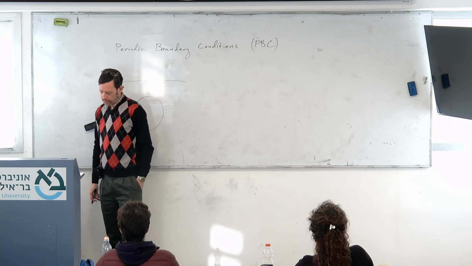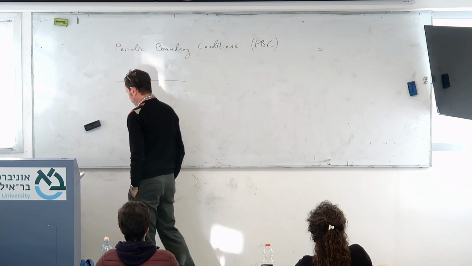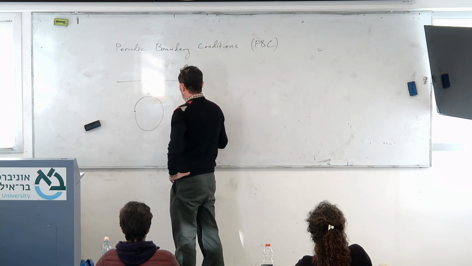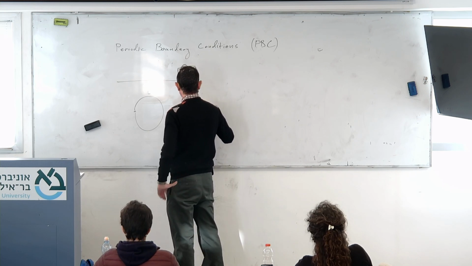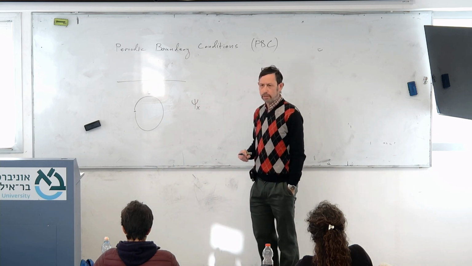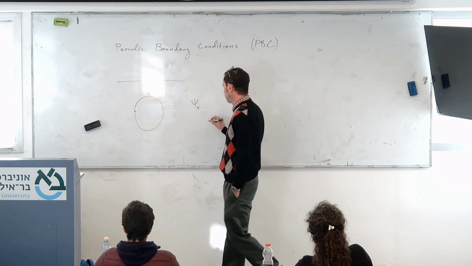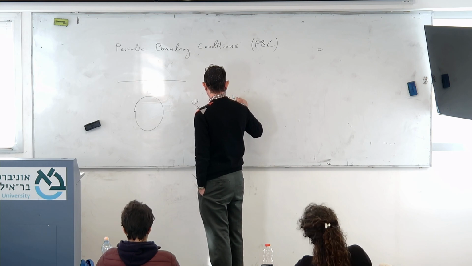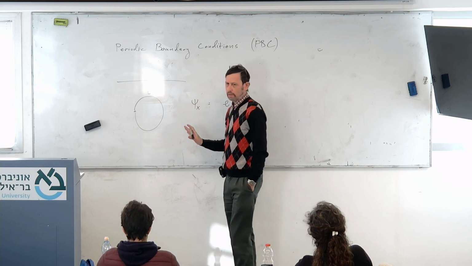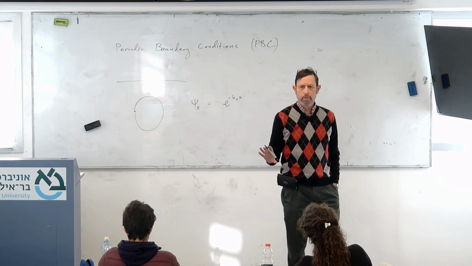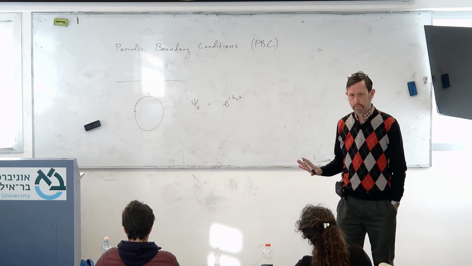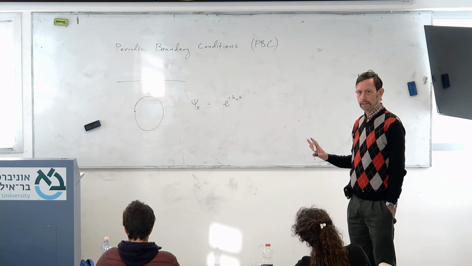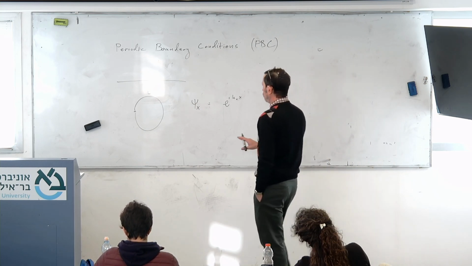Okay, let's try to understand what does it mean. Let's say I have a wave function in the X representation and I'm not worrying at the moment about normalization. Okay? Is that well defined on the ring?